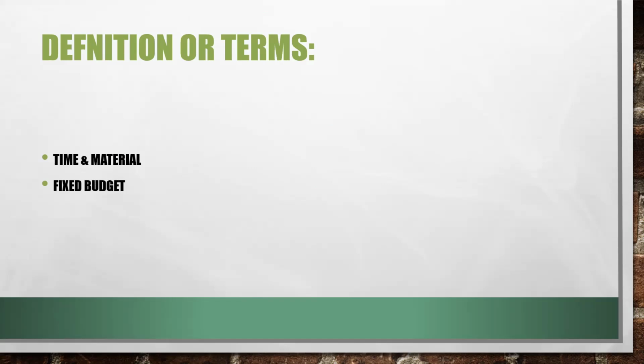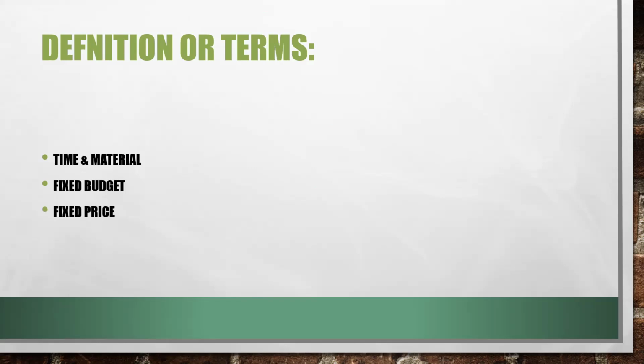For example, you are supposed to implement one new pricing condition. For that, you are supposed to write a requirement in SAP SD. So you have certain work to write a functional specification, unit testing, quality testing, UAT, and all those things. Everything will be calculated. That is time and material. Fixed budget means that for that particular year you are working on a support project, whether you resolve 1,000 incidents or only 100 incidents, the budget is fixed.